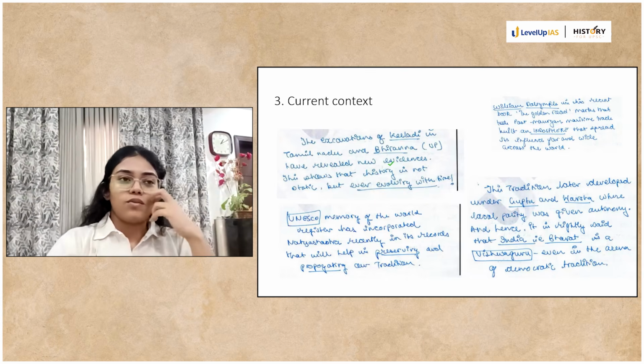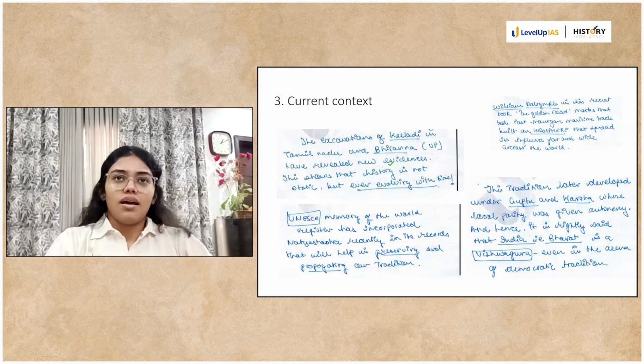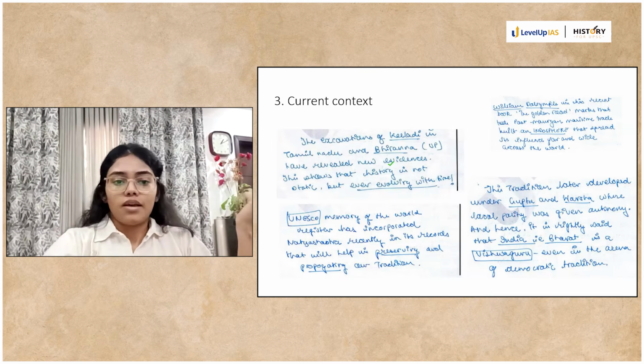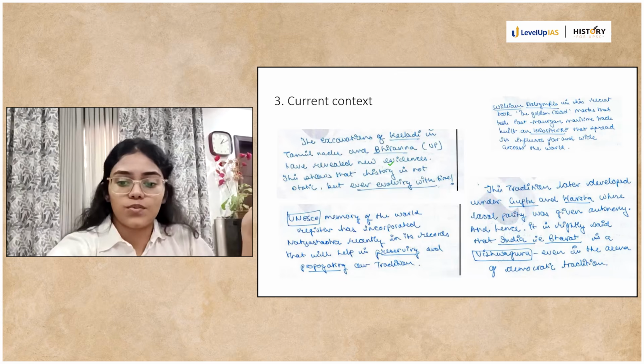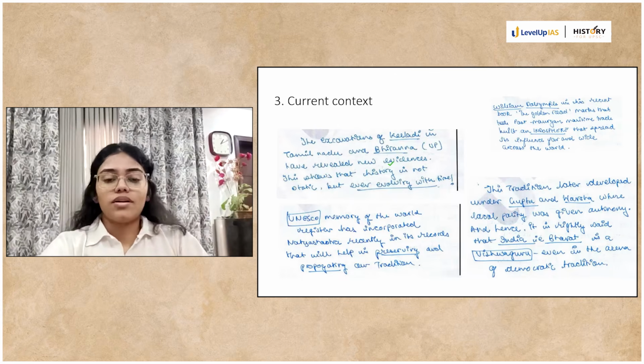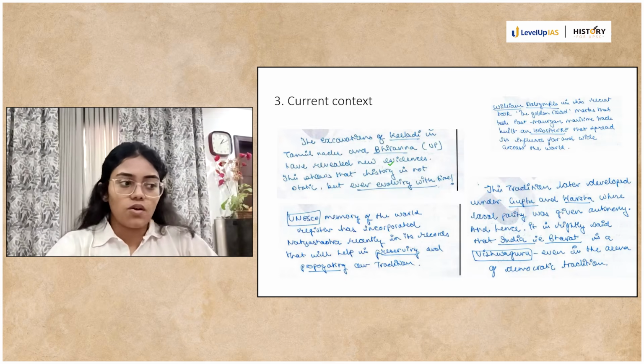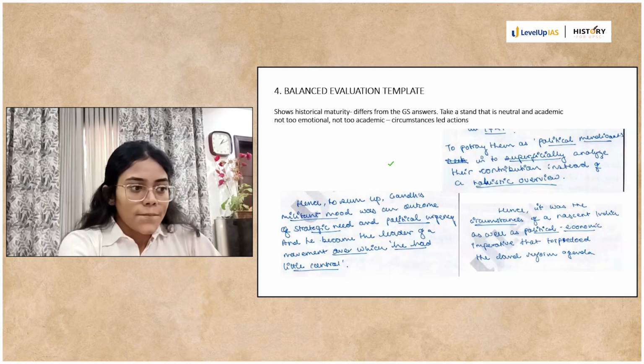So sometimes try to give a futuristic view of how the past, which has already happened, is impacting today. And we are also trying to be the Vishwa Guru given our historical tradition. So this was the third type of template, where current context is being used.